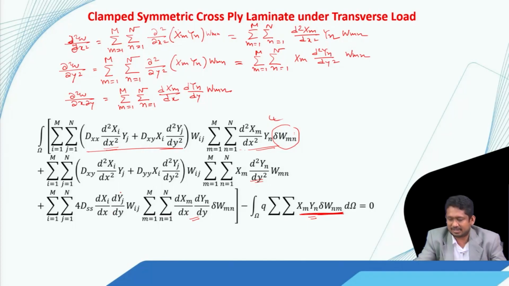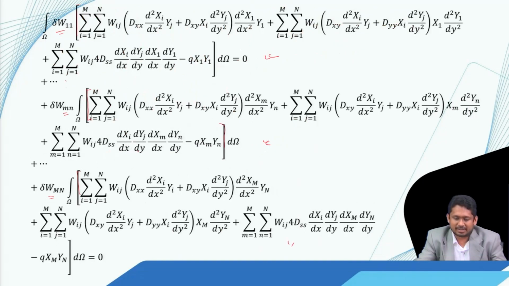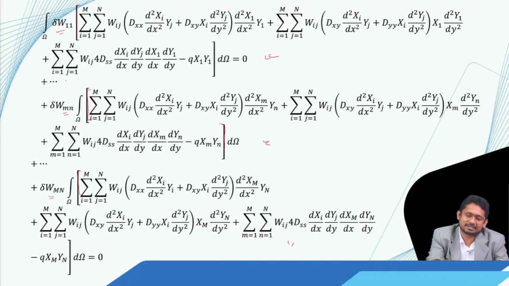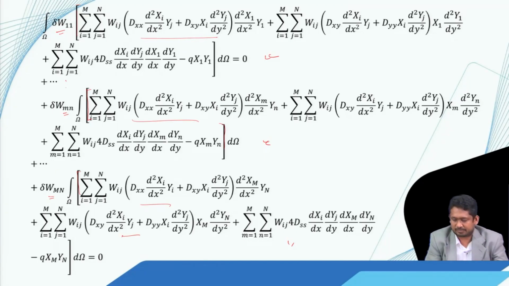Only thing is that depending on the term here, we have d2 x m by dx 2 into y n and delta of W m n, and as m n changes these indices change, but whatever is here remains as it is. So, this gives me an expanded form, and so we have delta W's and their coefficients.